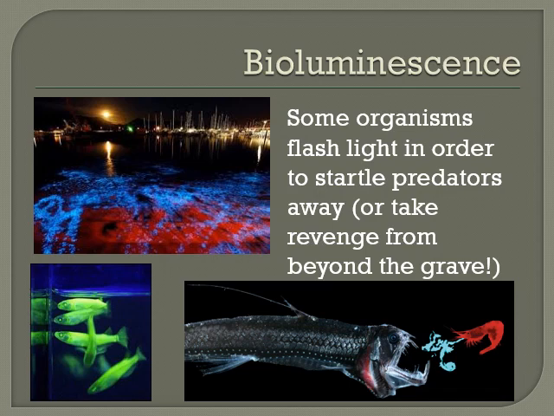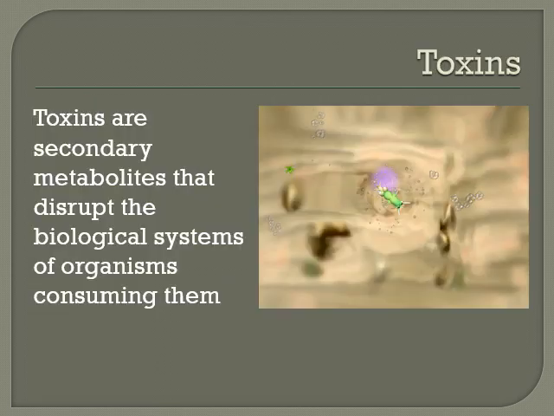The moon jellies, for instance, right? There's a lot of times an association between protists, microorganisms, with bioluminescence and the larger organism. Most of those organisms at the bottom of the sea that you see lighting up are not lighting up because of them. They're lighting up because there are microorganisms living inside of them. And toxins. These are secondary metabolites that disrupt the biological systems of other organisms.